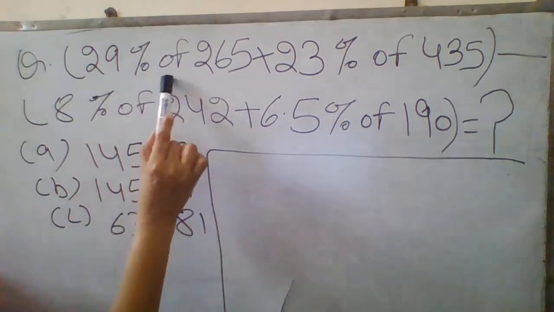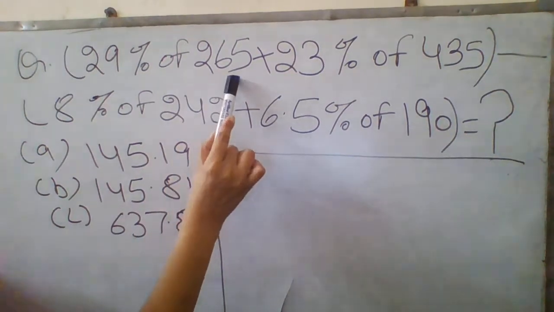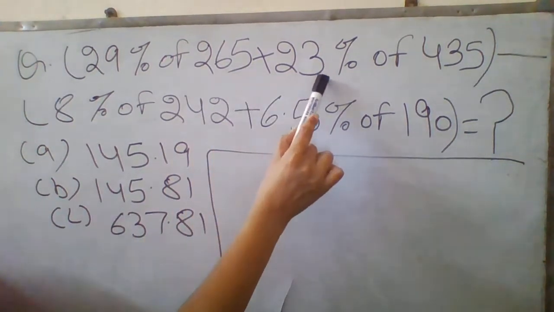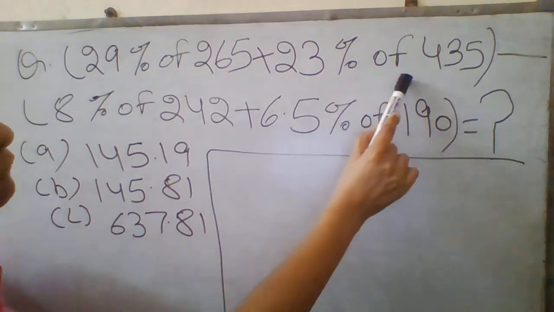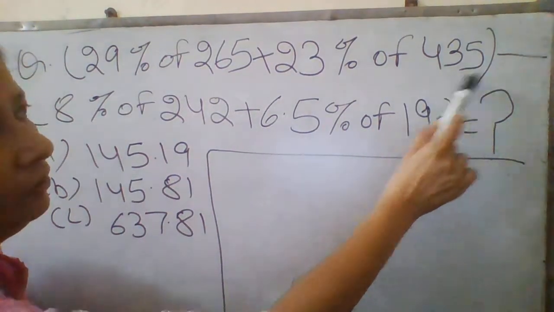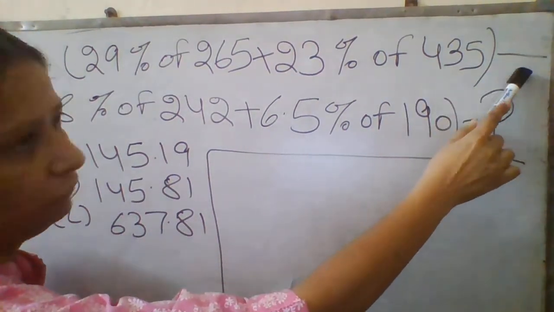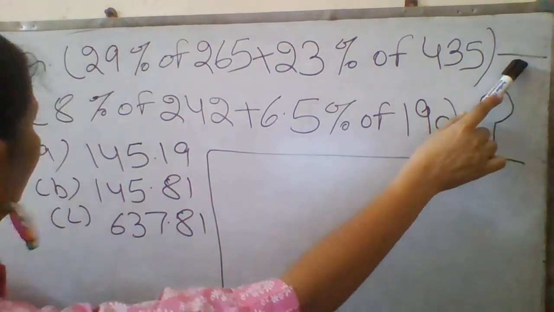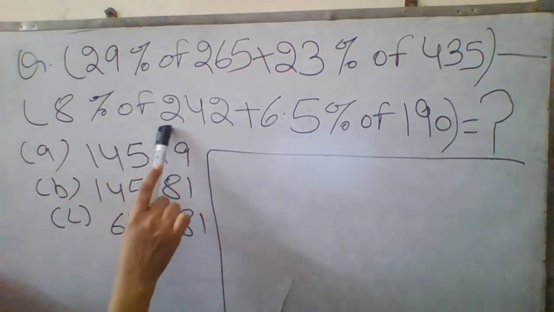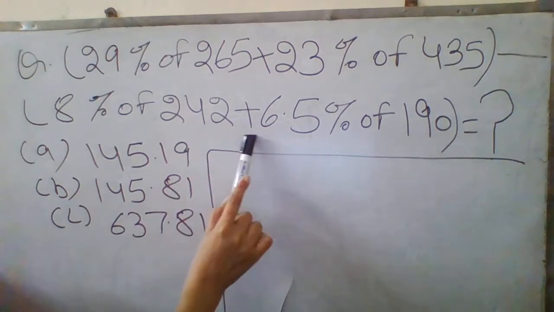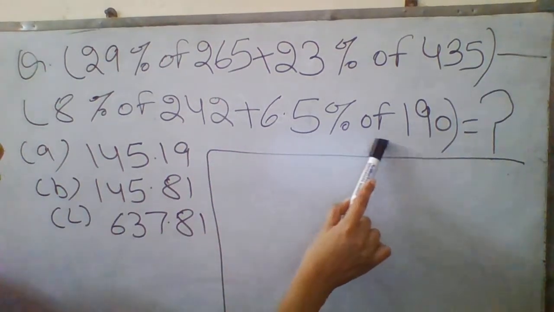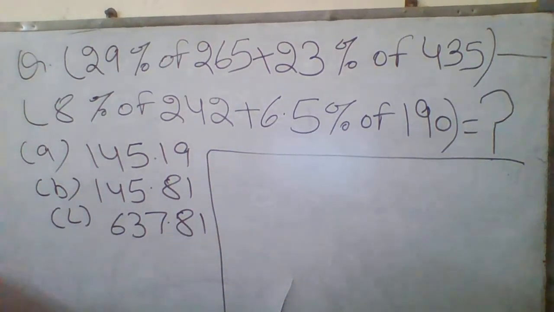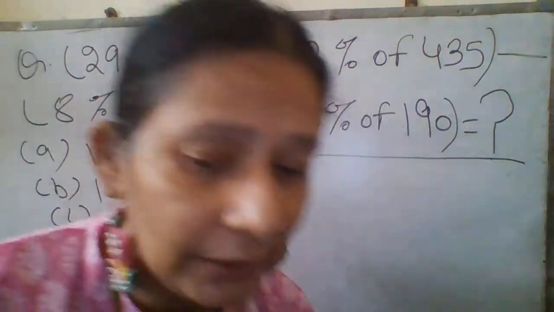29% of 265 plus 23% of 435. Now this is minus, so you have to subtract it. Minus 8% of 242 plus 6.5% of 190. Now you look at this question.